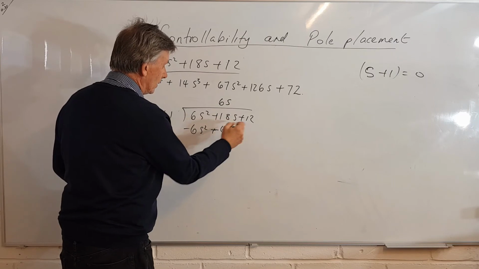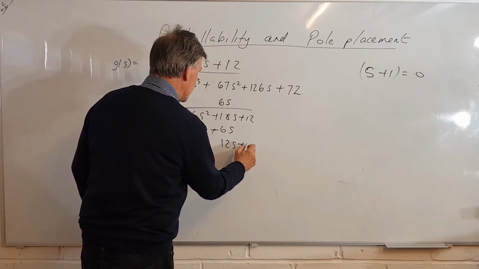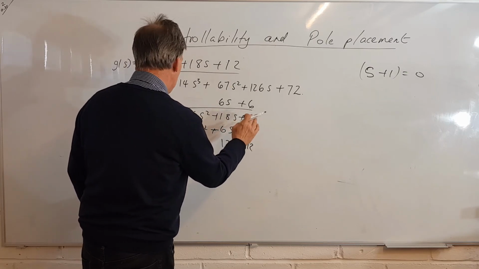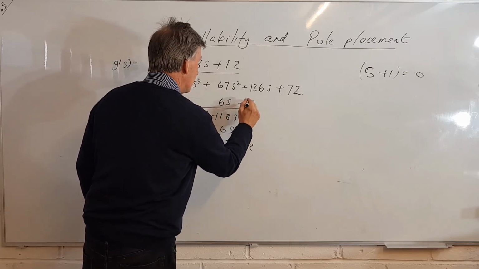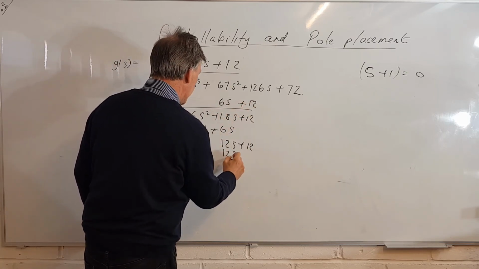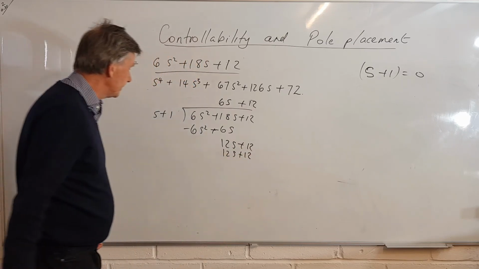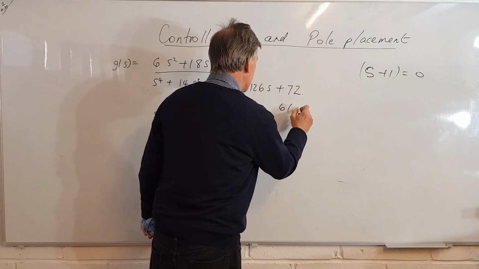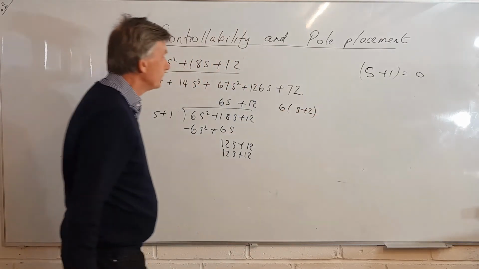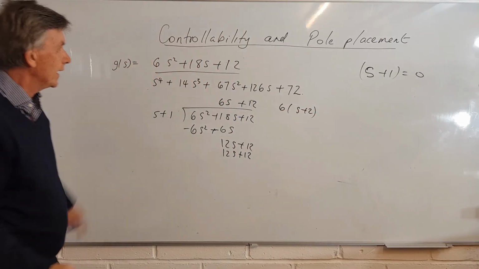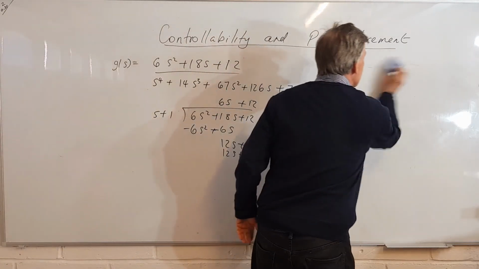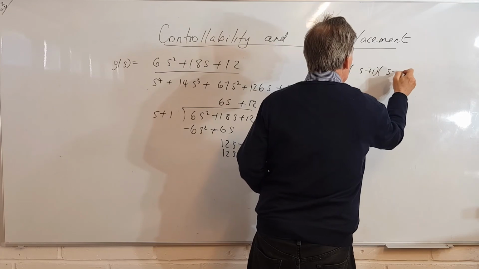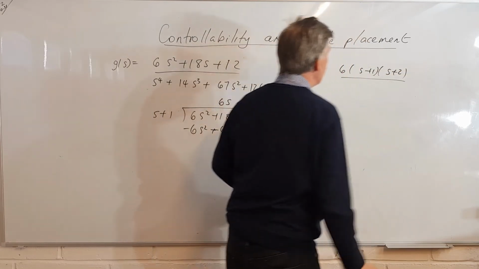Change the signs in the bottom line and add. That gives us 12s plus 12. So then this we could factorise into 6 times s plus 2. So the top line can be factorised into 6, s plus 1, s plus 2.